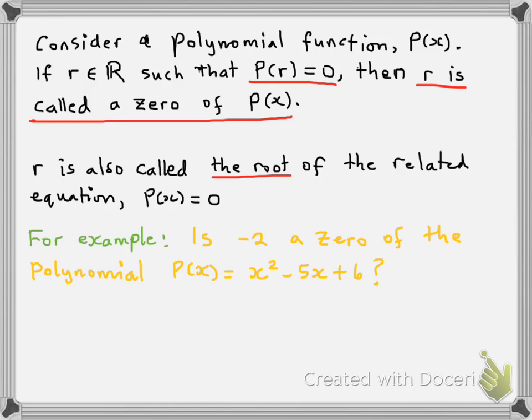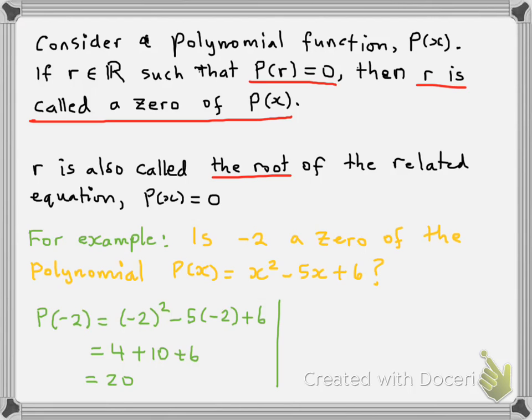So for example, is negative 2 a 0 of this polynomial p of x equals x squared minus 5x plus 6? To find out if negative 2 is a 0, we evaluate the function at negative 2. That means, what is p of negative 2? P of negative 2 is negative 2 squared minus 5 times negative 2 plus 6, which if you simplify, you will get 20.